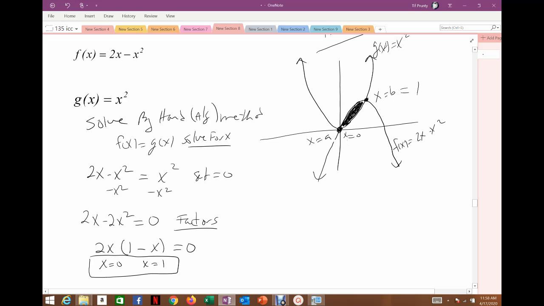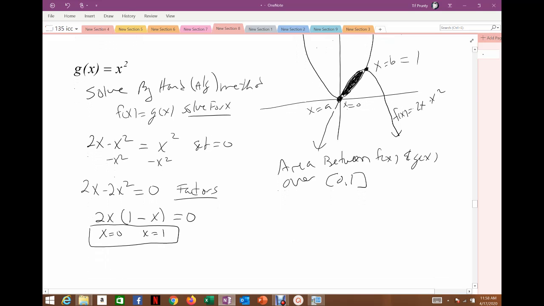And I know this value is at 1, so they intersect at 0 and 1. And so my area is between f of x and g of x over the interval 0 to 1. And so that's what I want to find.